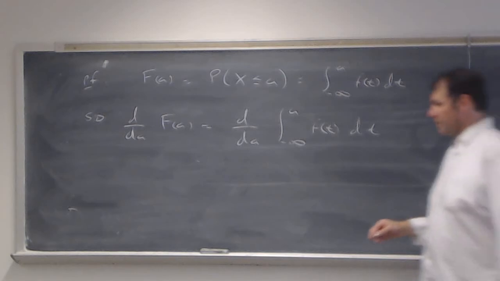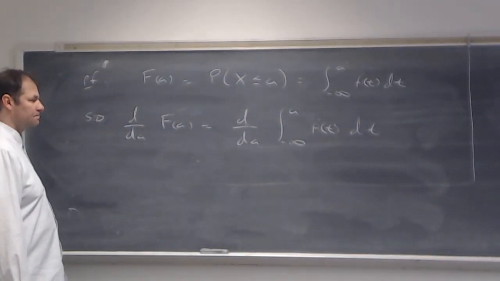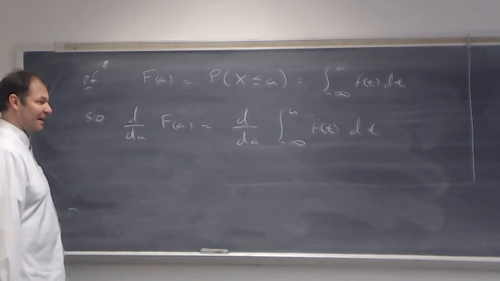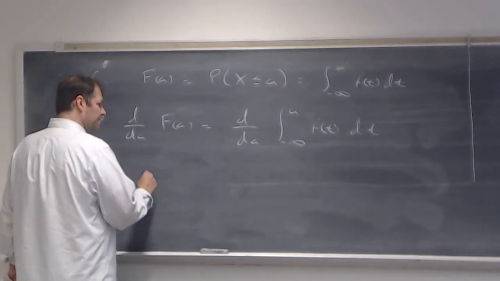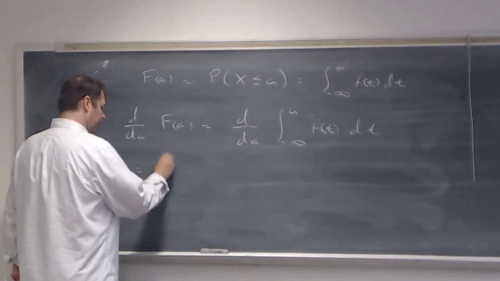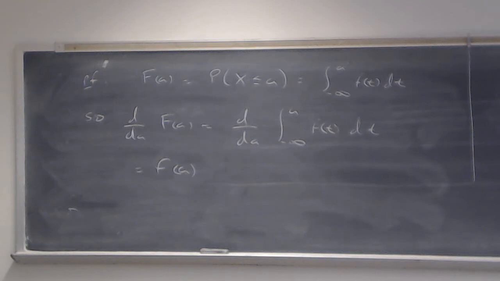By using the fundamental theorem of calculus and working with the improper integral and moving that derivative inside the limit, what we can get is that this is equal to f of a. So that's what we wanted to prove, we're done.